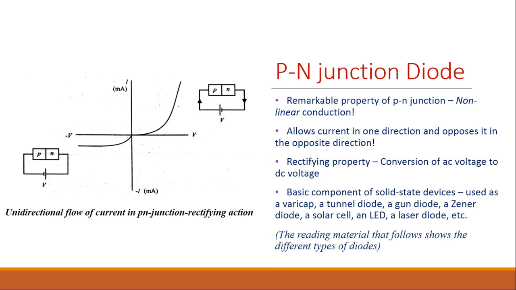A junction transistor and a phototransistor are fabricated with two p-n junctions in close proximity. Thus, a p-n junction constitutes the most basic component of solid state devices, and a thorough understanding of its electrical behavior is essential for appreciating the operation of many semiconductor devices.